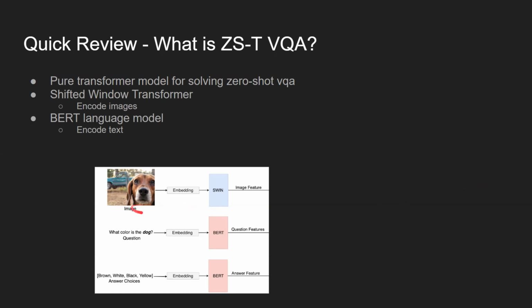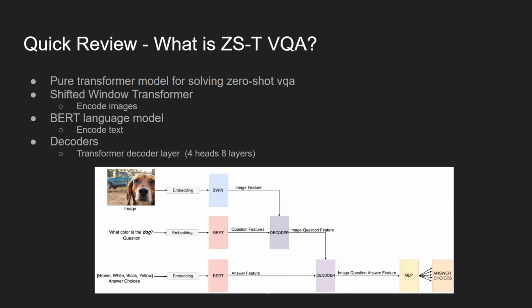As we can see here, that's what this diagram shows. The image and question features are fed into a transformer decoder here to obtain our image question features, which are then sent to another transformer decoder along with our answer features that were extracted from this BERT here. And then everything from this point forward, we've seen before, right? We just send it to an MLP, and then we predict our answer choices.